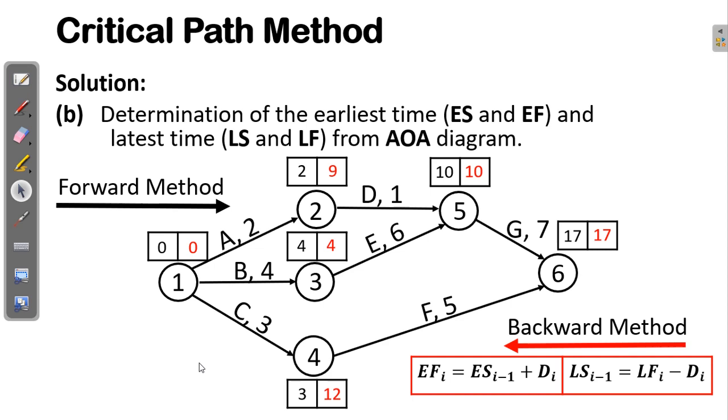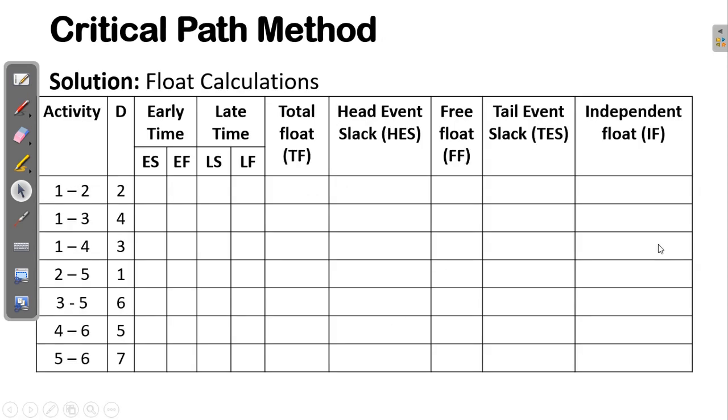Okay, now let's move to the next slide and see how we can compute the floats. Now we have this table, and basically you need to prepare this kind of table which will help you in computing the total floats, the free floats, and the independent float.